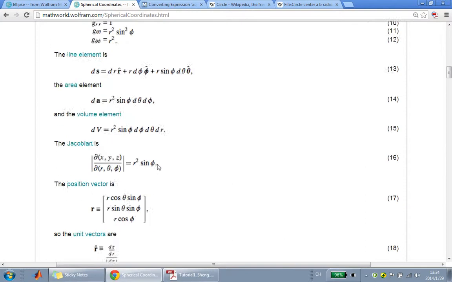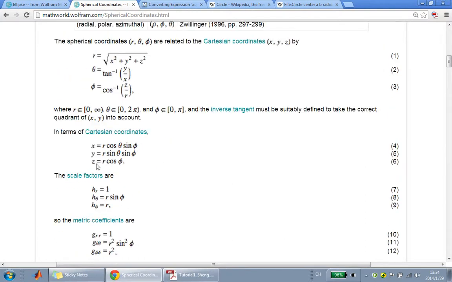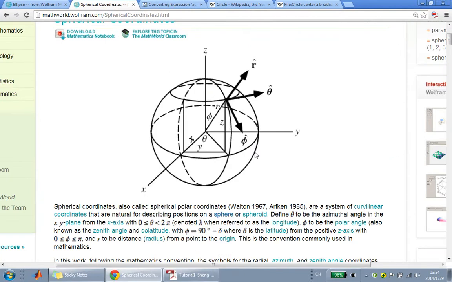Okay, we know the z coordinate. Then let's see the x coordinate and the y coordinate. Imagine there's a plane which is parallel to the xy plane, and the intersection of that plane and the sphere is a circle.